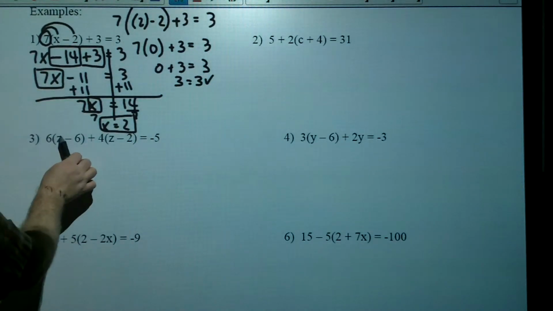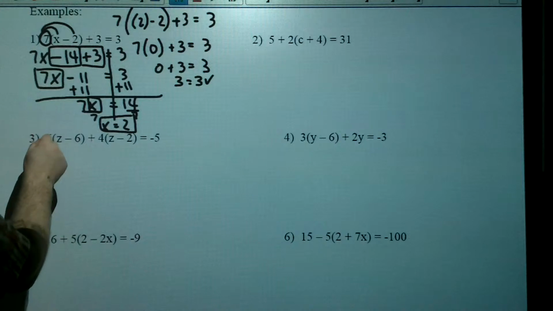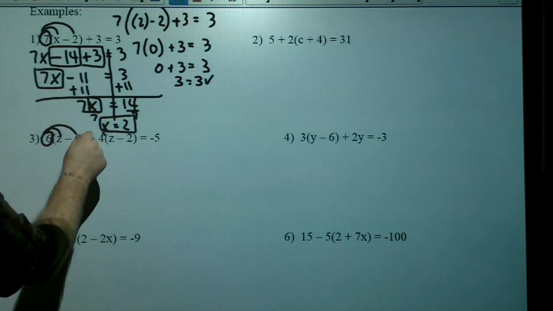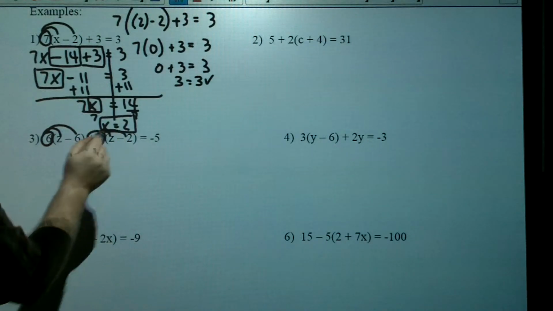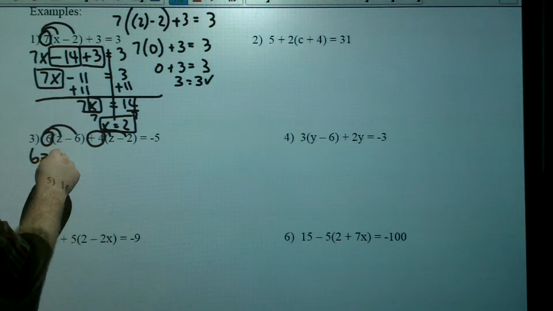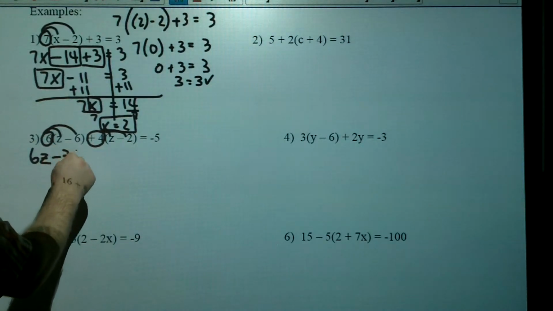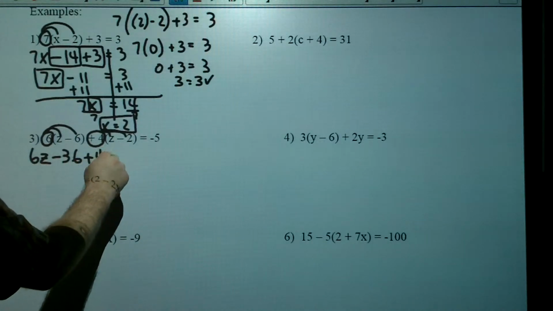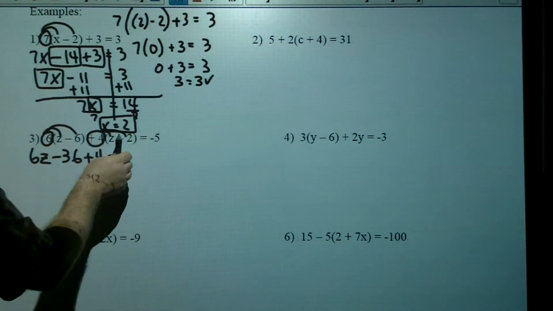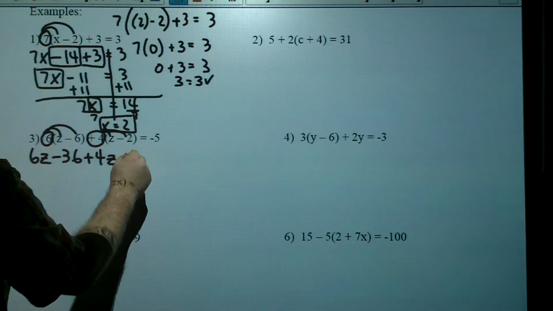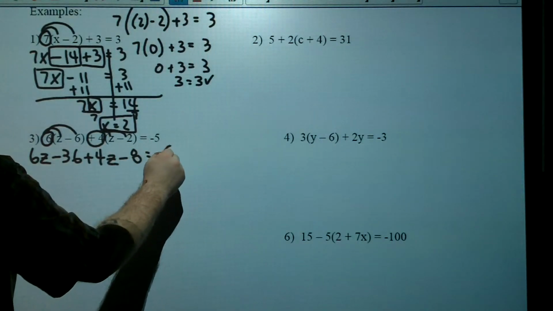I have two parentheses now I have to clear, so I'm going to distribute the 6 to these two, z and the 6, and the positive 4 to the z and the 2. So I have 6z minus 6 times 6 is 36, plus 4 times z, minus, because I have a negative in front of the 2, 4 times 2 is 8, equals negative 5.